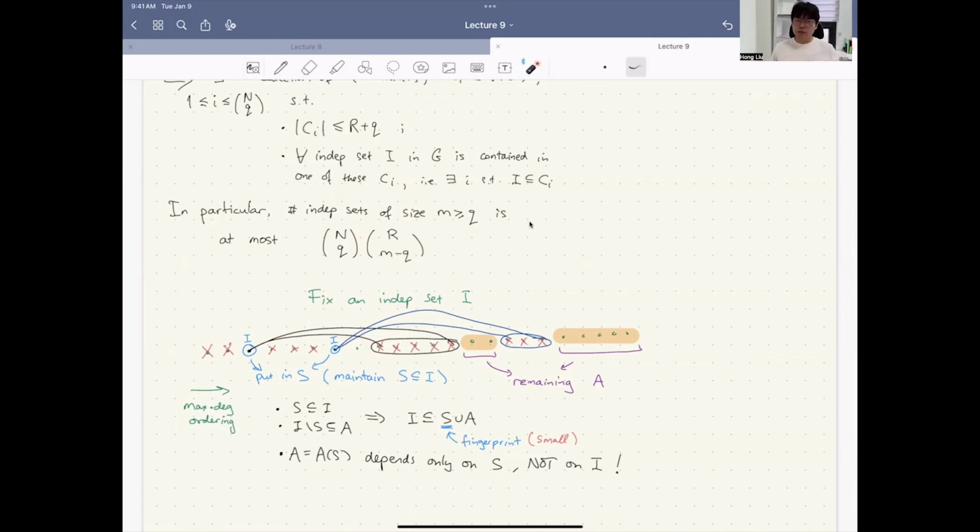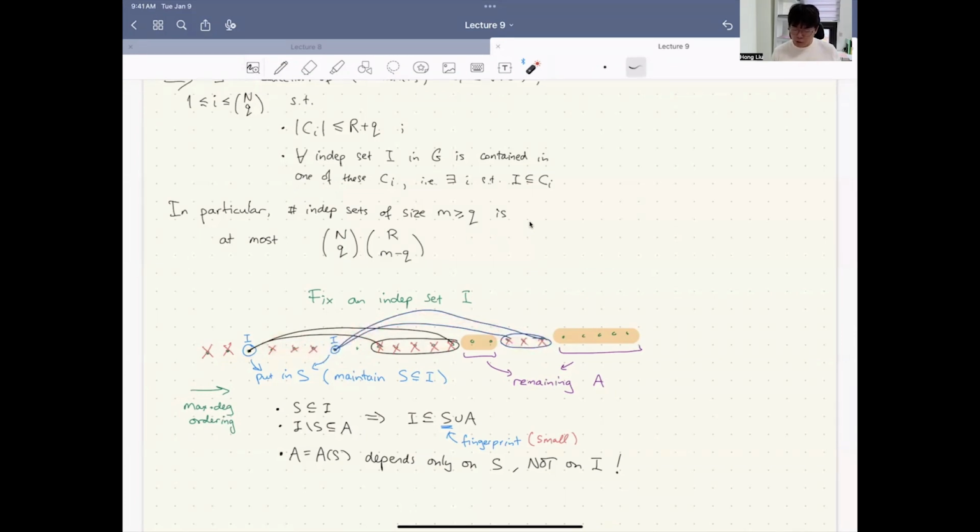Our goal, using locally denseness, is to identify an independent set through a very small fingerprint. So we go through the max degree ordering, and we pick out the vertices that are in this independent set I. If it's in there, of course, we pick out all its neighbors because we are picking independent sets. Then we reorder the vertices in max degree ordering, and we start again. Every time we pick out the next vertex in I and kick out its neighbors.